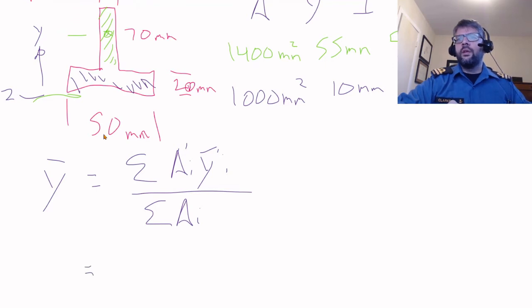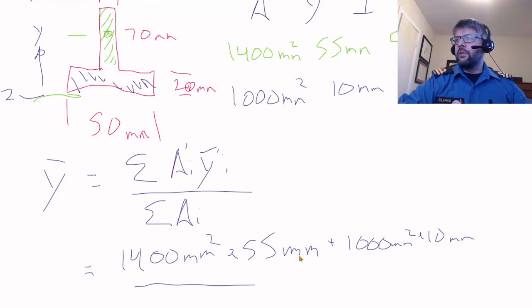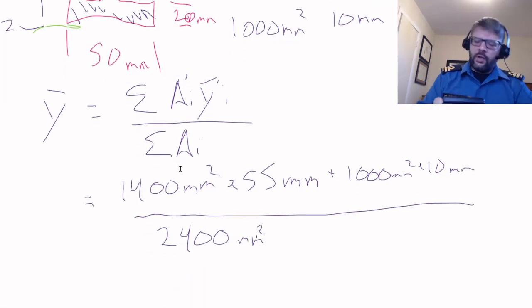So that is equal to 1,400 millimeters squared times 55 millimeters plus 1,000 millimeters squared times 10 millimeters, all divided by the sum of the areas, 2,400 millimeters squared.